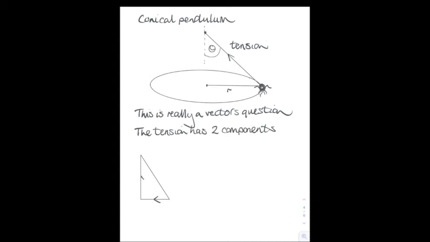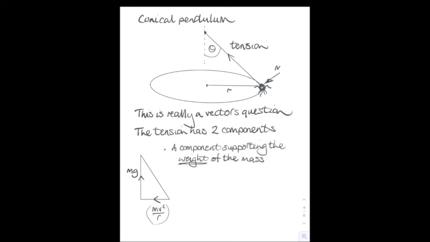It's got a component that's supporting the weight of the object and a component that's keeping the mass moving in a circle. So we have mg vertically, mv squared over r towards the centre of the circle. A component that supports the weight of the object, and a component that provides the central force.